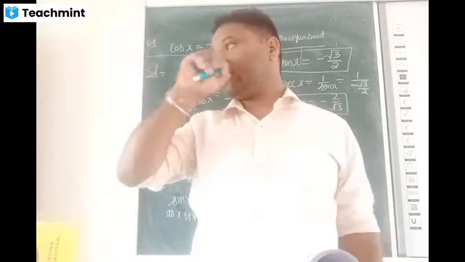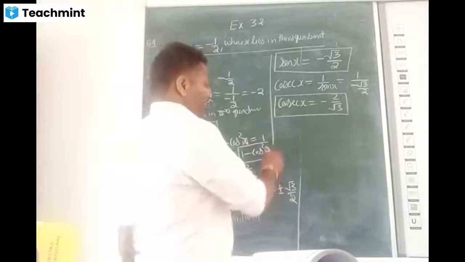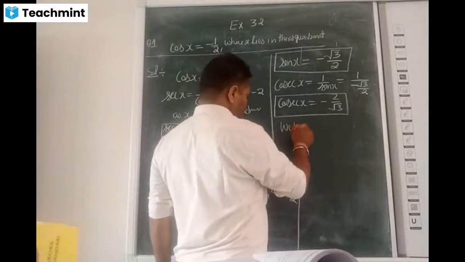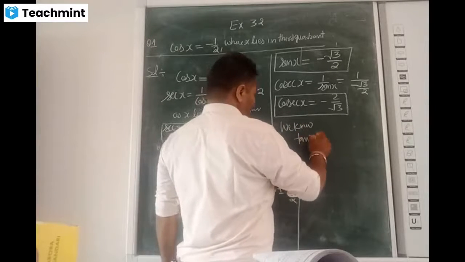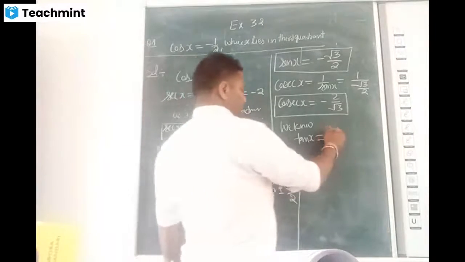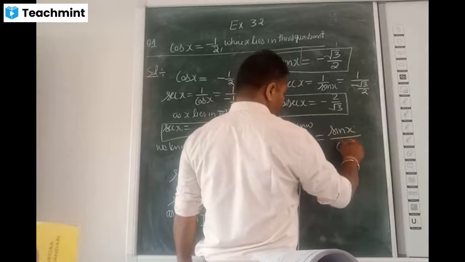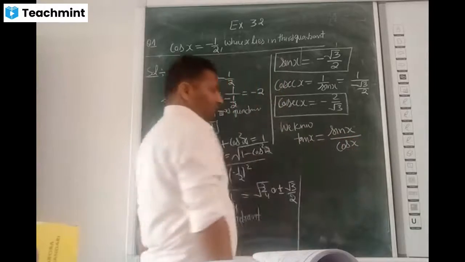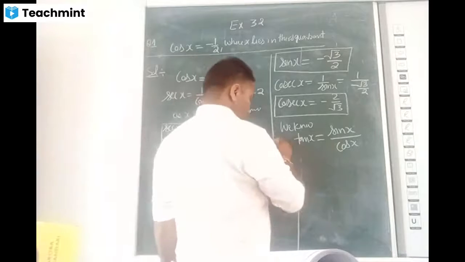Which are left? Tangent and cotangent. So as we know that tangent x is sin x upon cos x. Tan x is equal to sin x upon cos x.